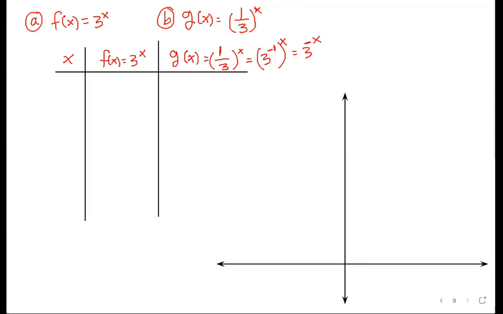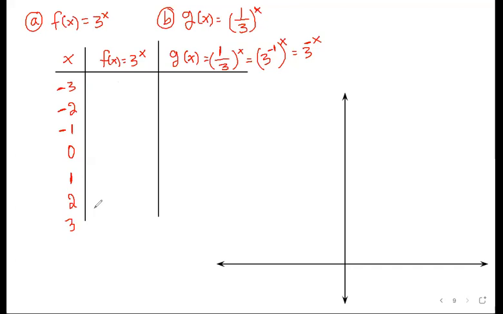So now let me pick any points. For example, I'm going to take minus 3, minus 2, minus 1, 0, 1, 2, and 3.